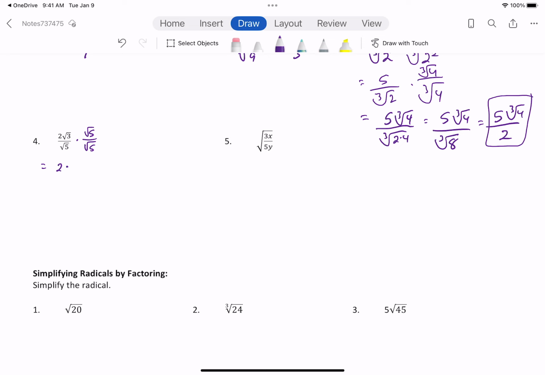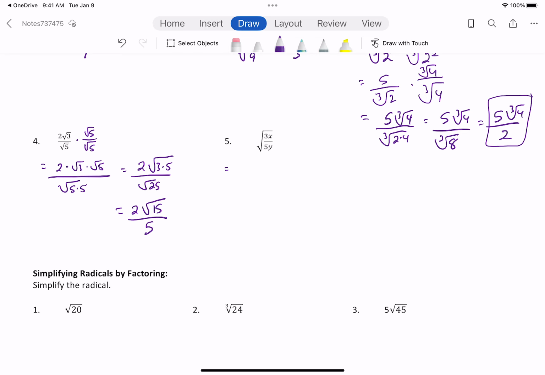So we have 2 times root 3 times root 5 over square root of 5 times 5. Of course, in the top, we can write that as 3 times 5. And then that's 2 times the square root of 15. And now in the bottom, we have the square root of 25, which is 5. All right?